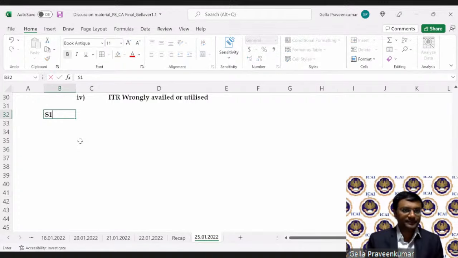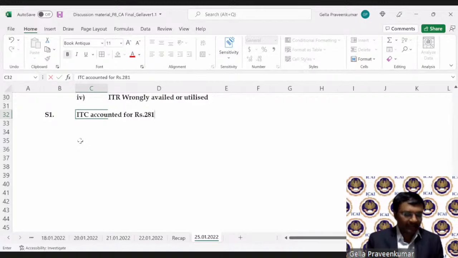Scenario 1: ITC accounted for rupees 2,81,000 instead of rupees 2,18,000.